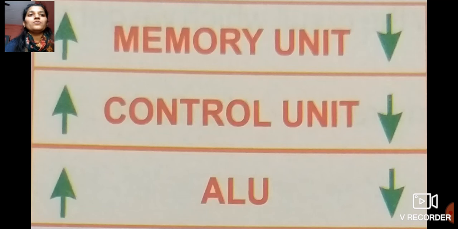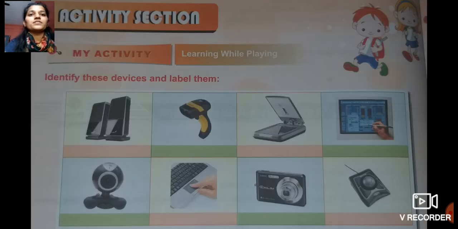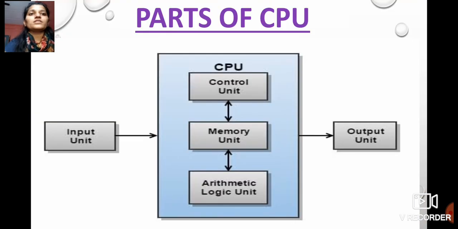The control unit controls all the activities of the computer. The memory unit can save the data. The arithmetic logic unit does all the calculations of the computer, which are related to mathematics.